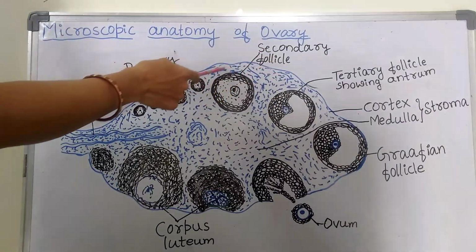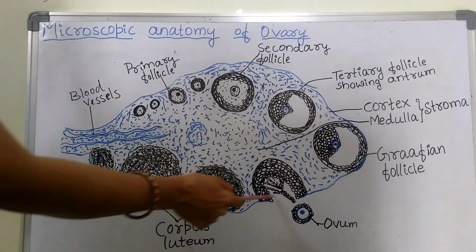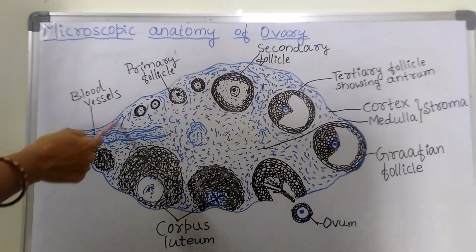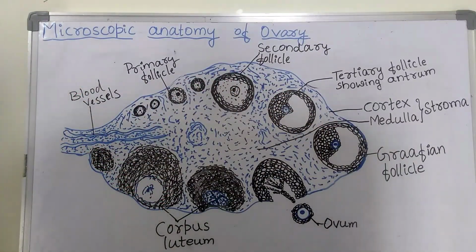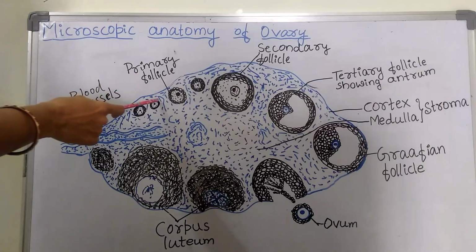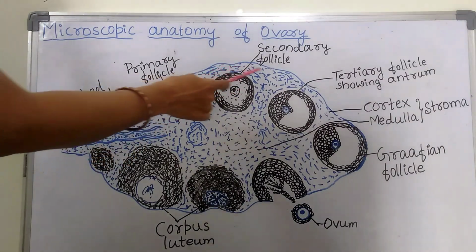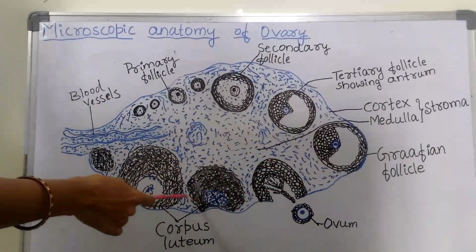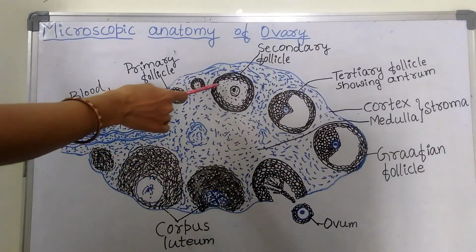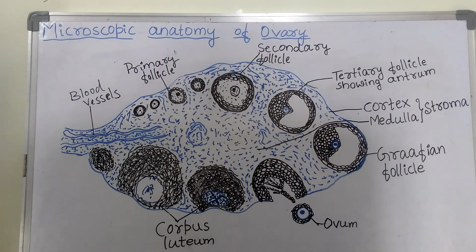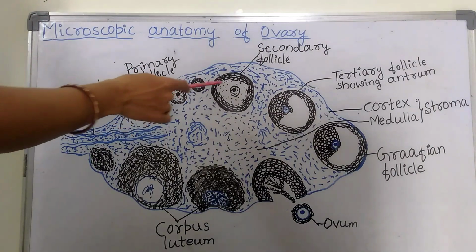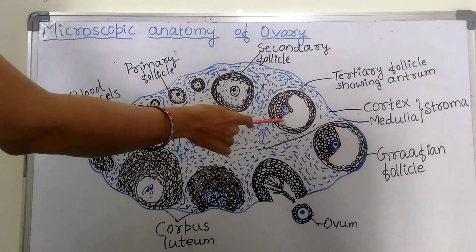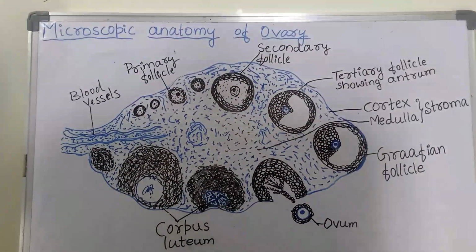The cortex region of the stroma means the peripheral region. The peripheral portion of the stroma is called cortex. The cortex region of the stroma of each ovary contains ovarian follicles in different stages, such as primary follicle, secondary follicle, tertiary follicle and Graafian follicle.